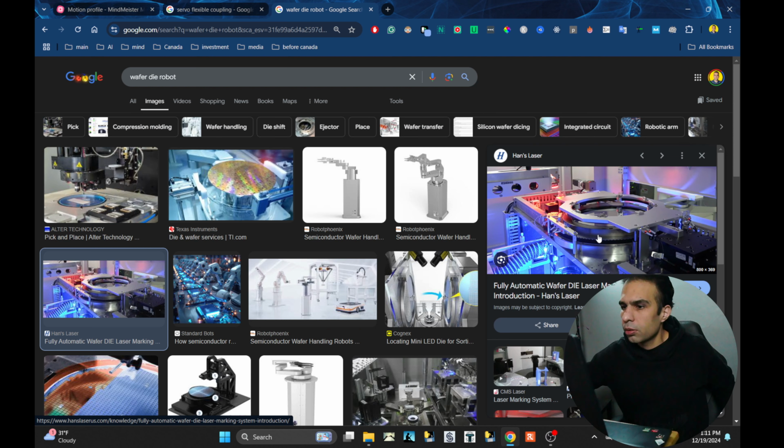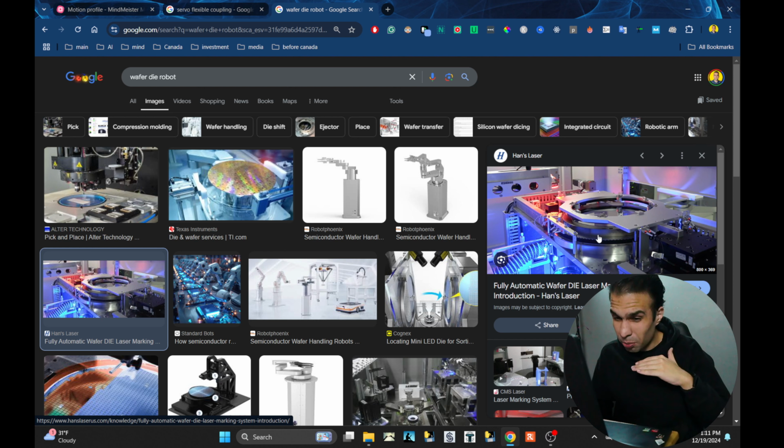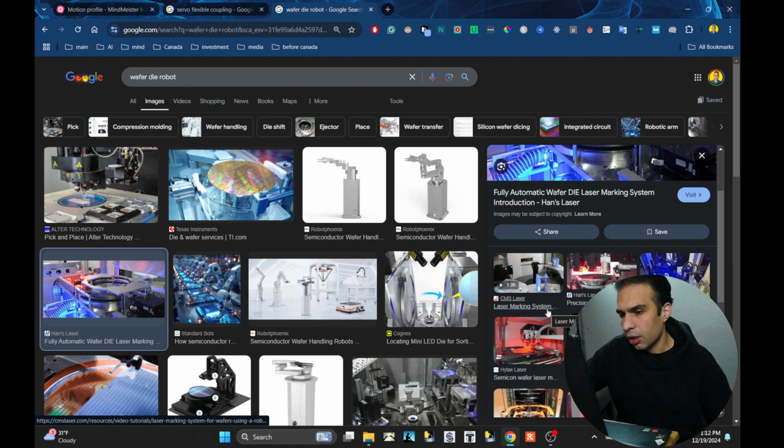They will ask you to move a wafer from this location to another location. The movement is supposed to be very smooth. You cannot just take the wafer and move it very fast, because this thing is very fragile. So you have to have a very smooth motion.